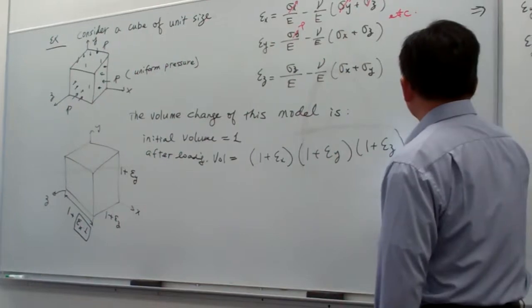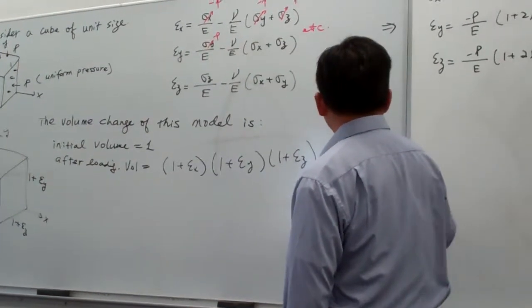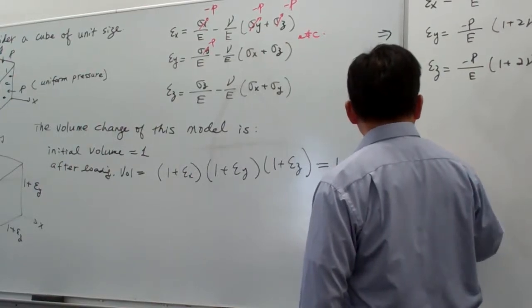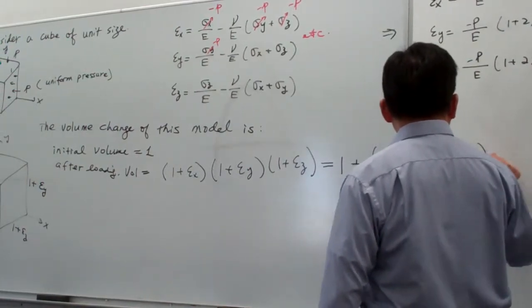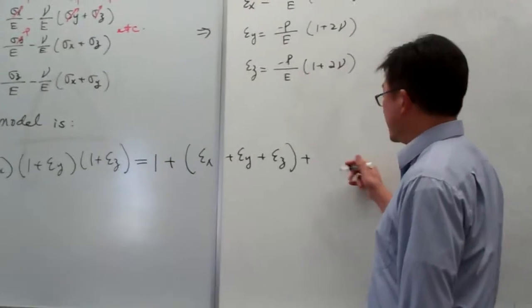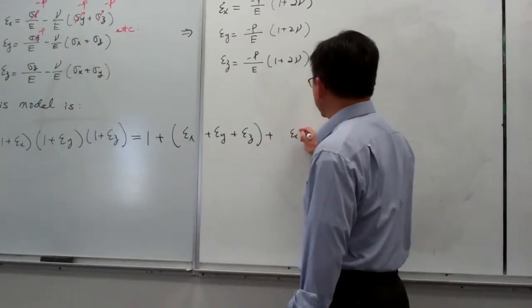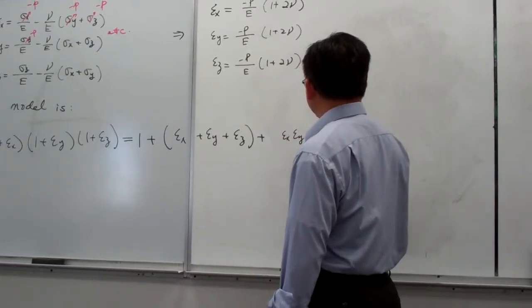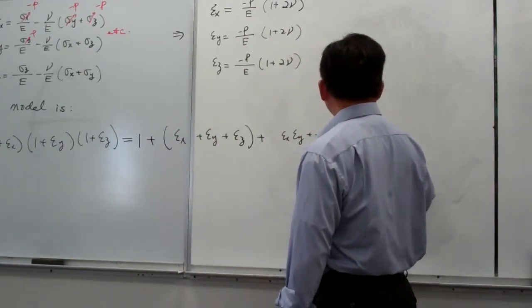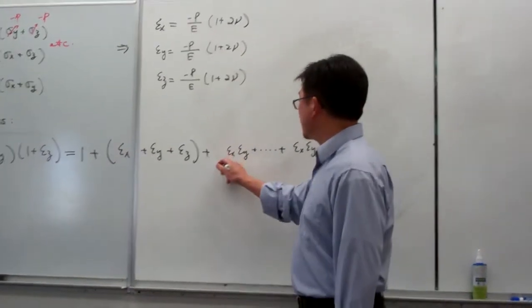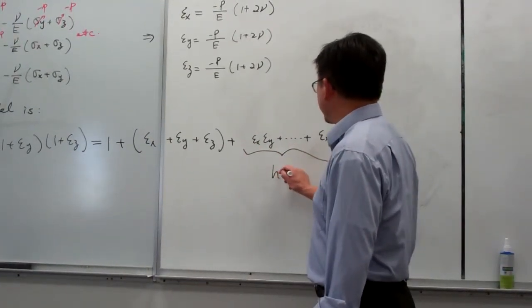And this one can be written as 1 plus epsilon x plus epsilon y plus epsilon z, plus the higher order terms. The higher order terms are nonlinear, for example epsilon x epsilon y, and so on, plus epsilon x epsilon y epsilon z, and a few other terms. Those we call the higher order terms.